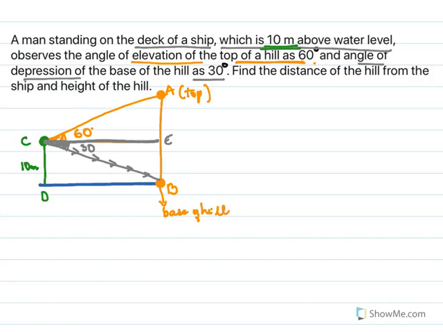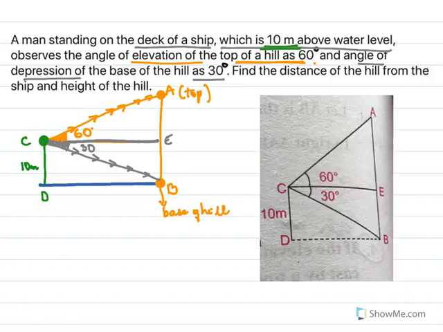So again I'm just repeating it. The person is at C, and from C he is looking at the top of the hill. He is making an angle of 60. So here's the same diagram. The man was 10 meters above at point C. So here we had CD, which was 10 meters, and from there he was looking at the hill.